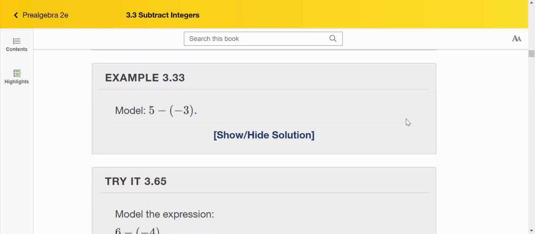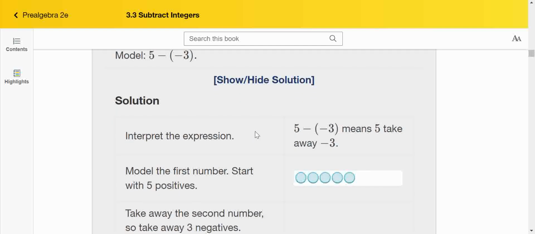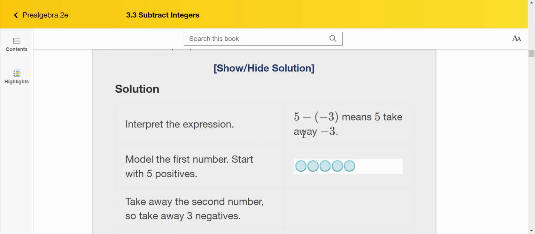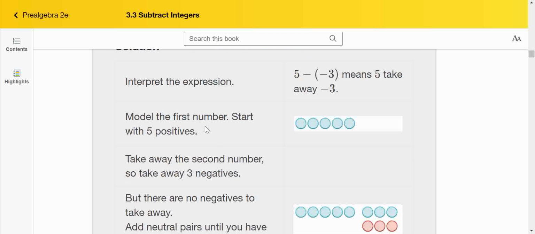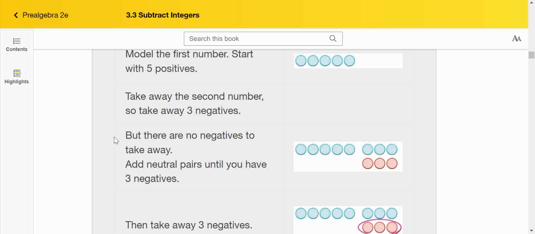We have a couple try problems. In example 3.33, we now model 5 minus negative 3. Interpret the expression. 5 minus negative 3 means 5 take away negative 3. Model the first number. Start with 5 positives. Take away the second number. So take away 3 negatives. But there are no negatives to take away.